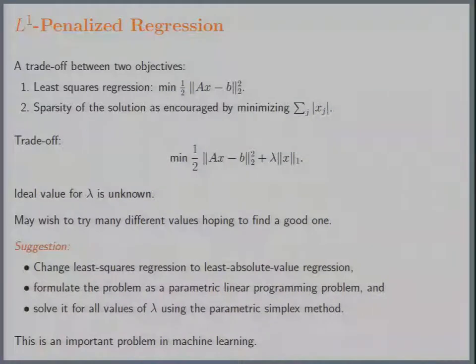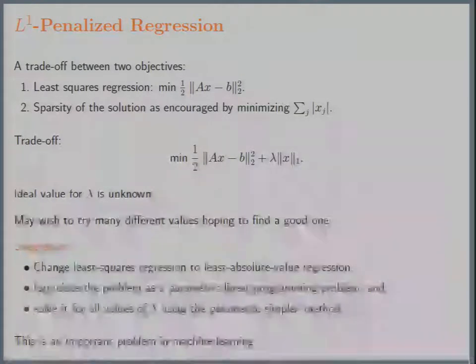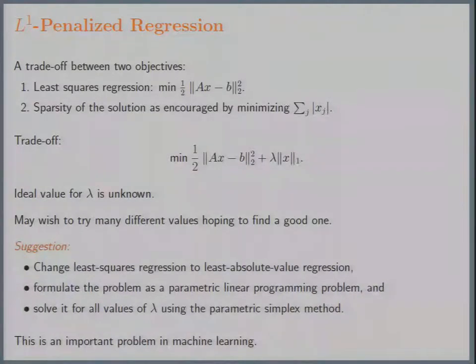That's one objective, but you also have an objective that you don't want to overfit the model. You don't want x, which are your regression coefficients, to have too many non-zeros, because you put in a whole bunch of things in your model because you're not sure what's relevant, and you're hoping your model will pick out what's relevant.